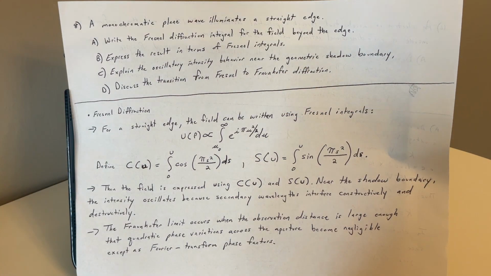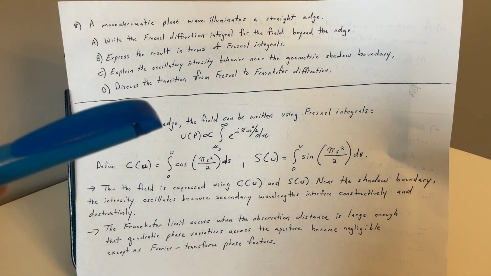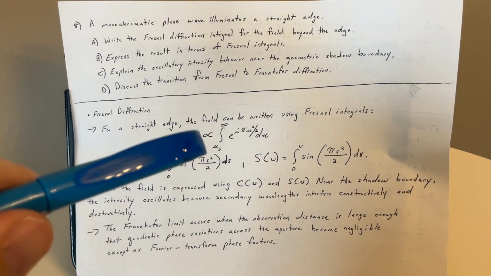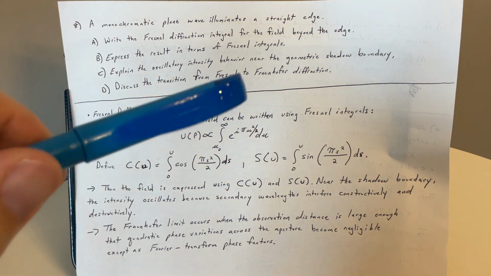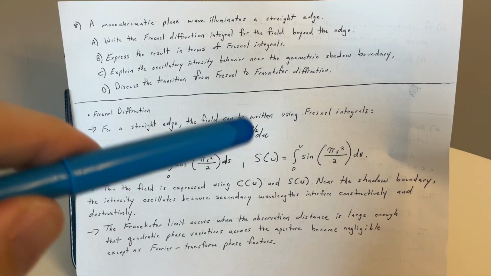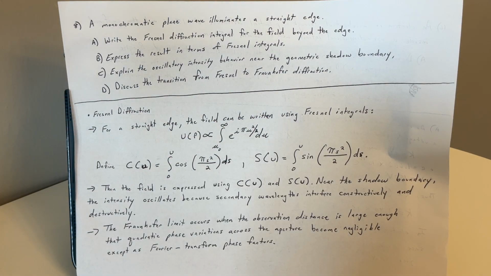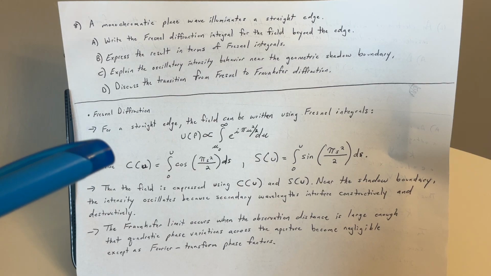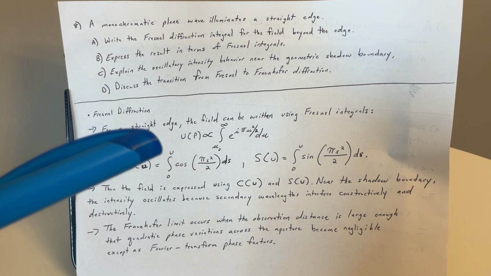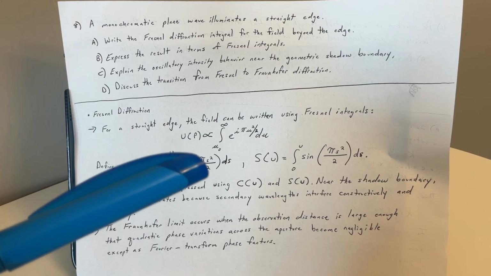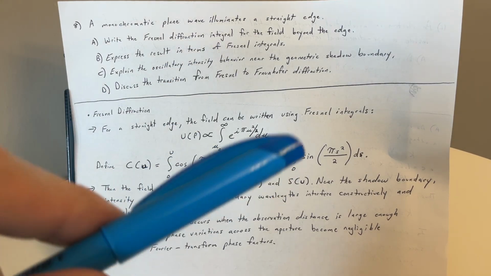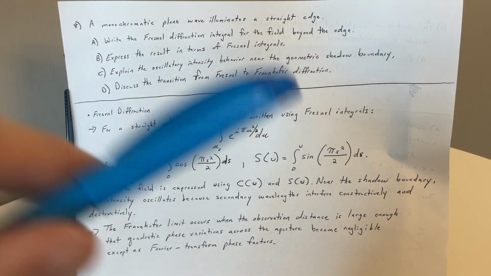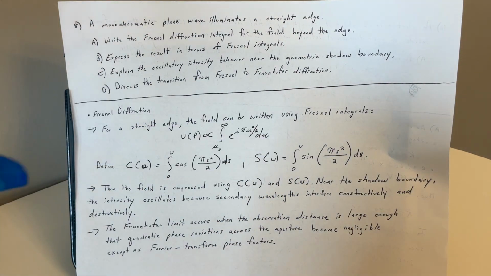So for a straight edge, the field can be written using Fresnel integrals. U of P is proportional to the integral from u naught to infinity of e to the i pi u squared over 2 du. And here, define C of u equals the integral from 0 to u of cosine pi s squared over 2 ds, S of u equals the integral from 0 to u of sine of pi s squared over 2 ds.